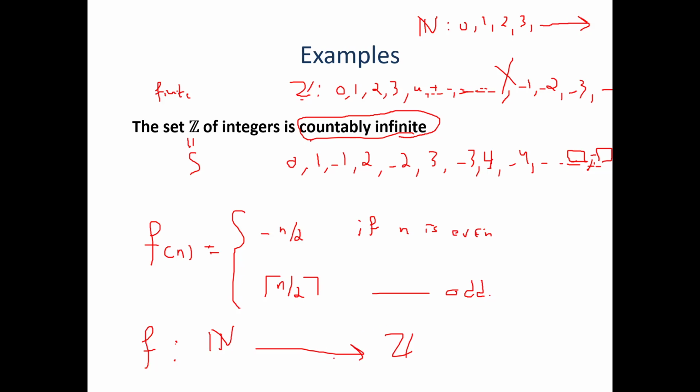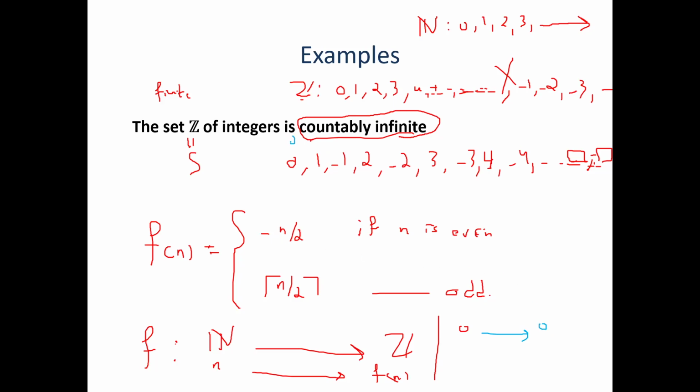Well, let's check. From n to f of n. What happens when n is 0? F of 0 is, well, 0 is even, right? So just minus 0 over 2, it's going to be 0.